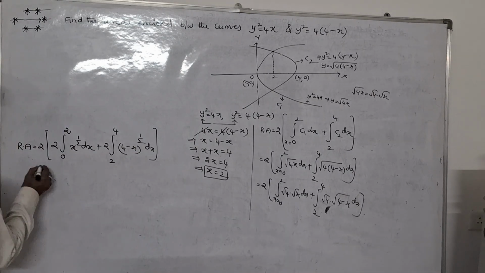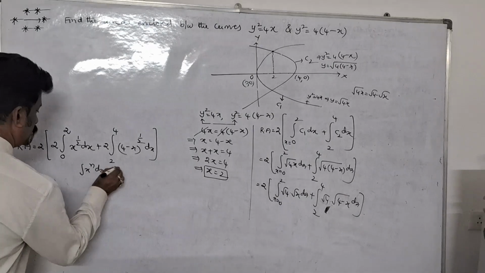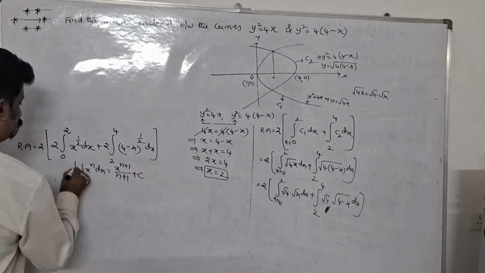So we have the formula: integration x power n into dx is equal to x to the power of n plus 1 by n plus 1 plus c. This is the formula.